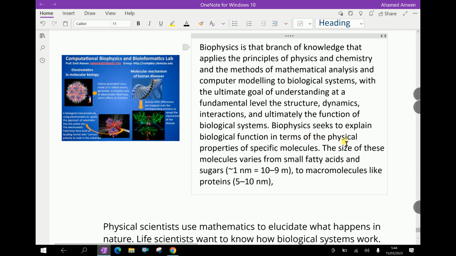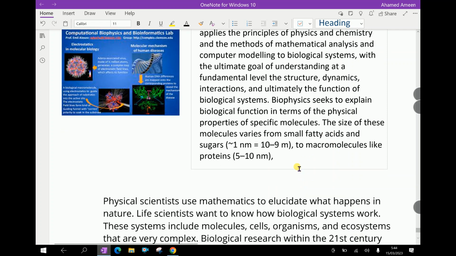Biophysics seeks to explain biological function in terms of the physical properties of specific molecules. The size of these molecules varies from the very small fatty acids and sugars, about 1 nanometer or 10^-9 meter, to macromolecules like proteins, 5 to 10 nanometers.